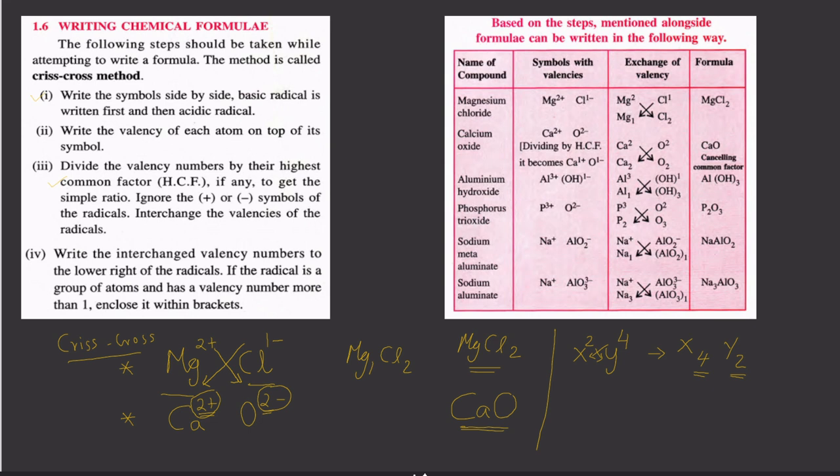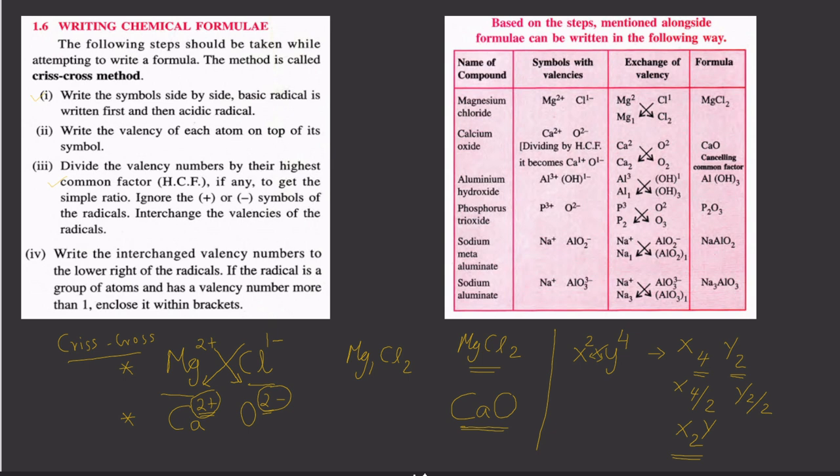So our formula is X2Y. We won't write X4Y2. If there is a common factor in these two valencies, divide them by their highest common factor, and the result is our answer. This is how you have to write the chemical formula.